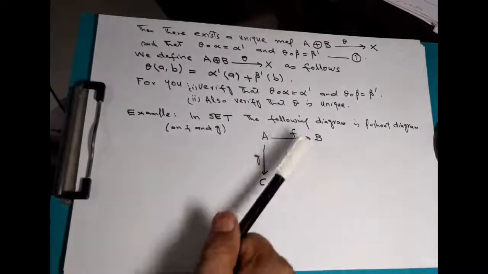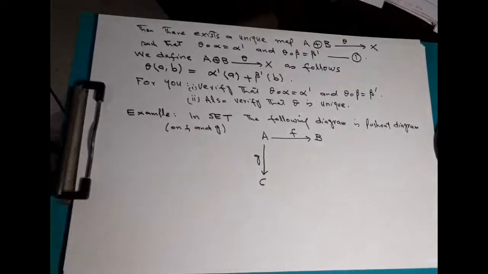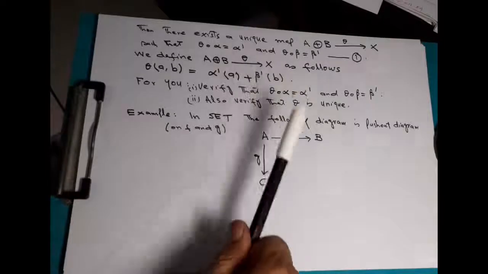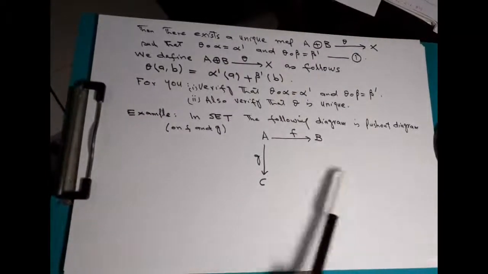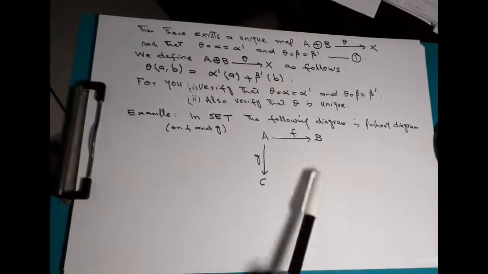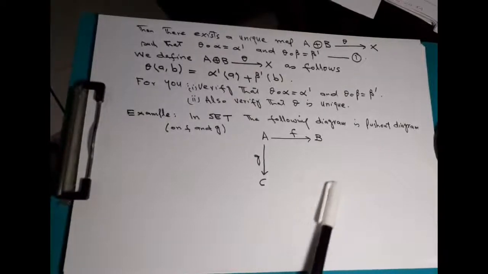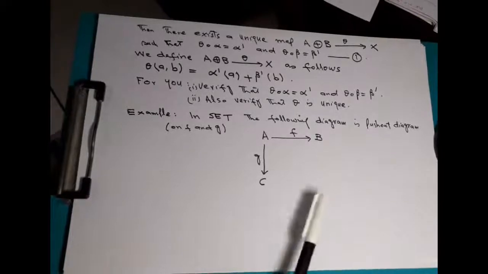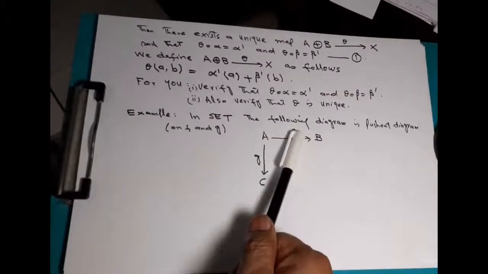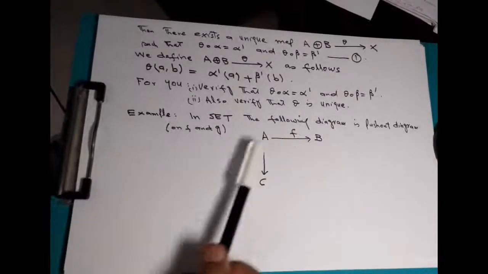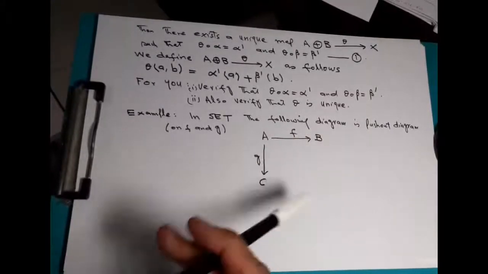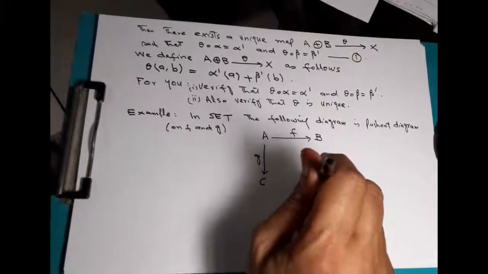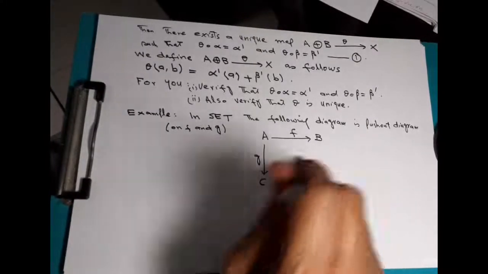In fact, these are the functions on which we are going to define the push out. These are the functions we begin with, and these things come later. This object is the push out object mostly. So we begin with these two maps, and then the object we define at this particular place is the push out object, this one.